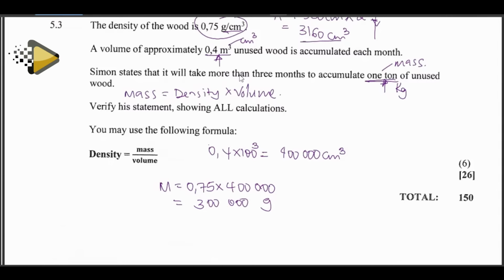So if you were to turn them from grams into tons, we shall divide by 1 million. You end up having 0.3 tons.